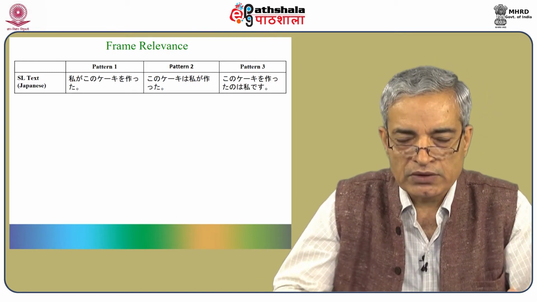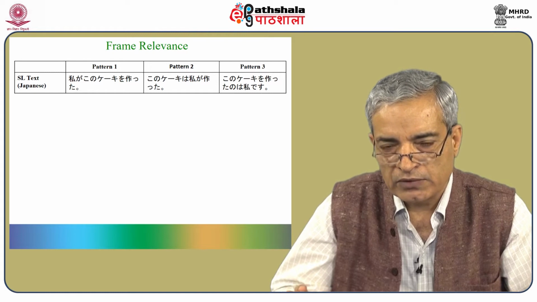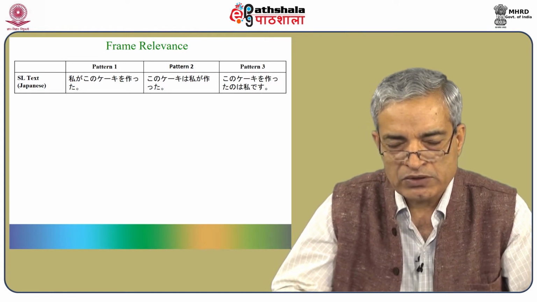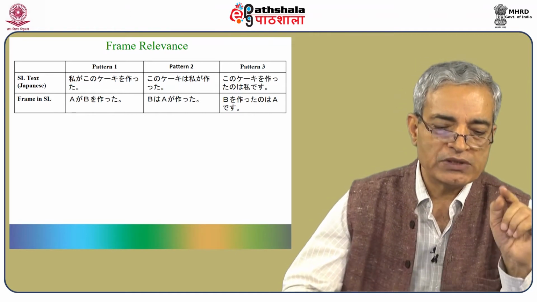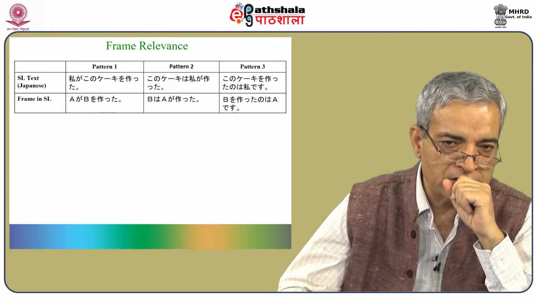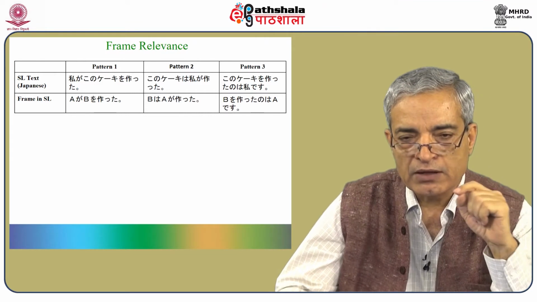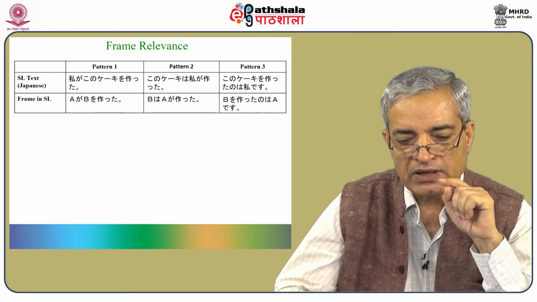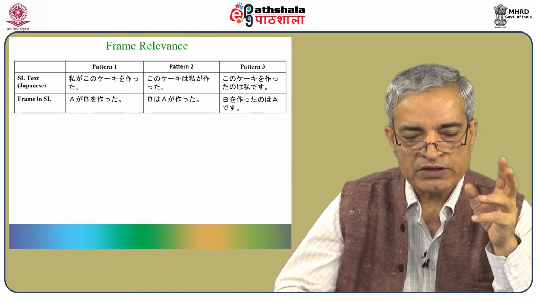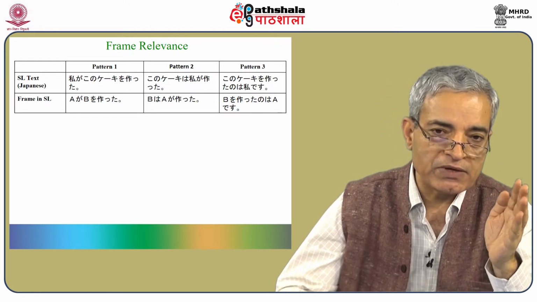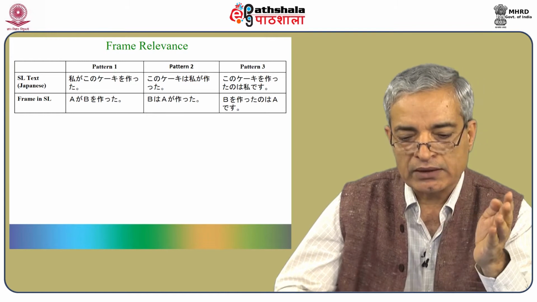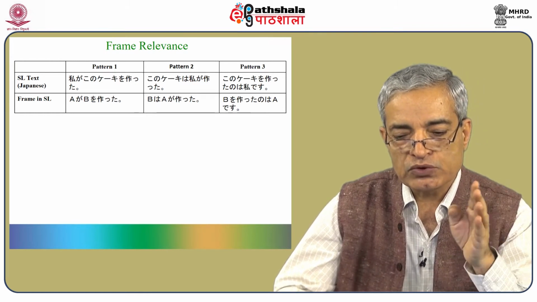These are the three patterns in which the same components can be used to express almost the same meaning. Now what happens actually is, if you see the frame carefully in these three cases, the first one is A ga B o tsukutta, the second is B wa A ga tsukutta, it's reversing, and the third is B o tsukutta no wa A desu.